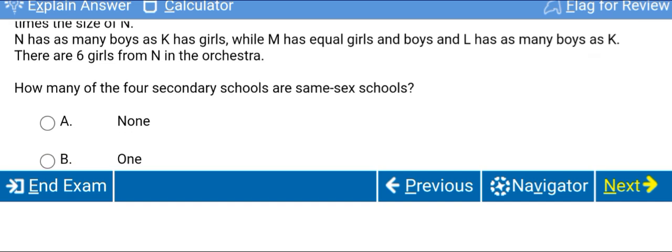So how many of the 4 secondary schools are the same sex schools?